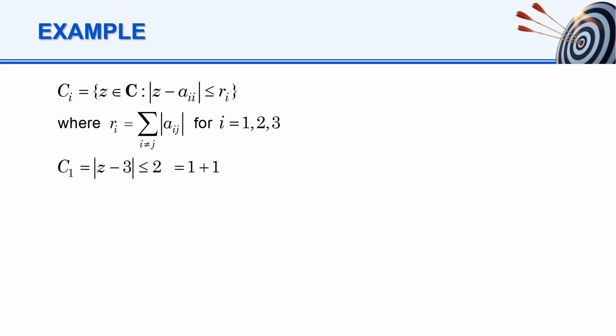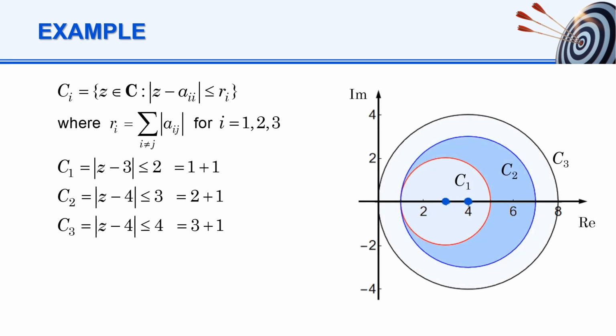The Gerschgorin radius is found by evaluating the sum of the absolute values of the non-diagonal entries in a given row. We observed that the circle C3 encloses the circles C1 and C2, whose centroids are within circle C1.